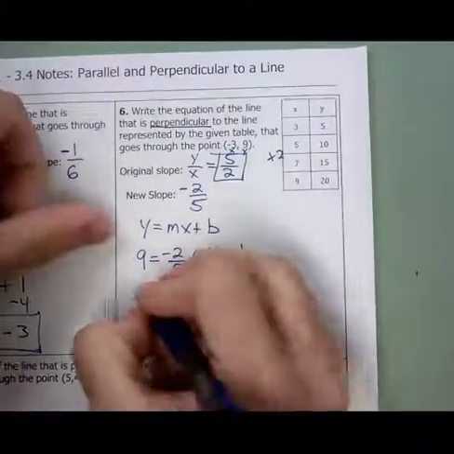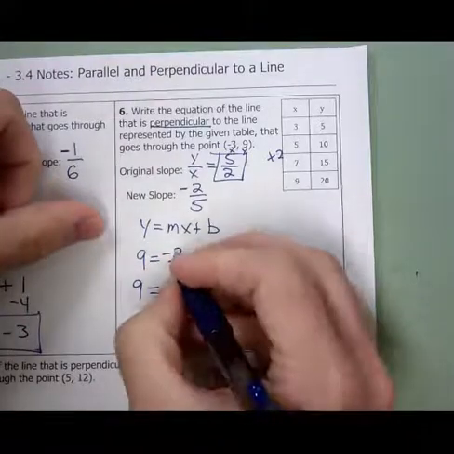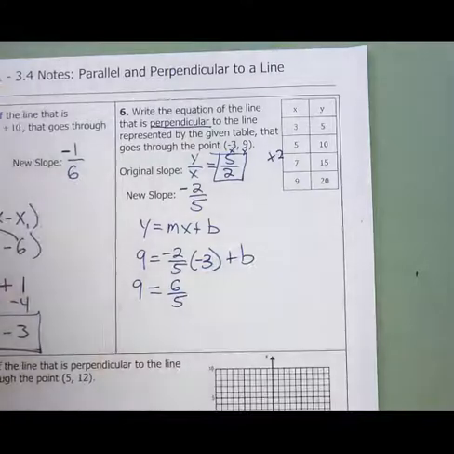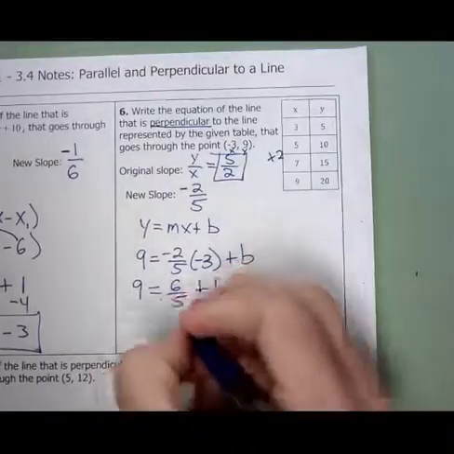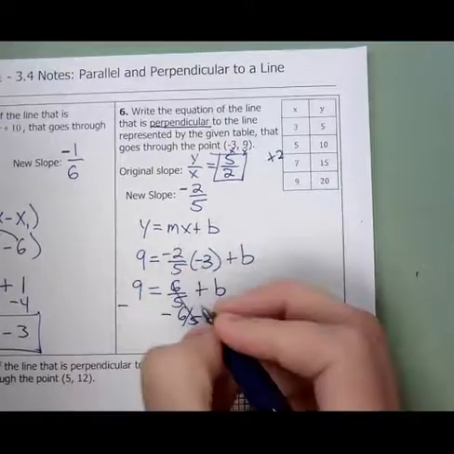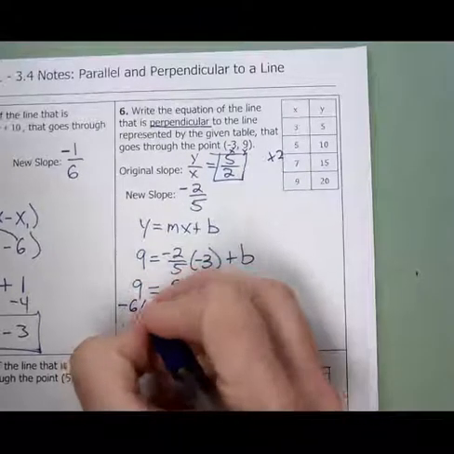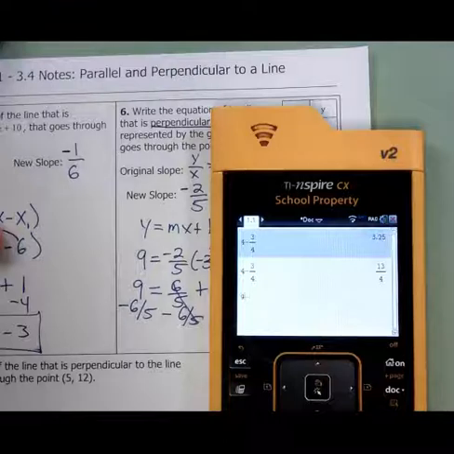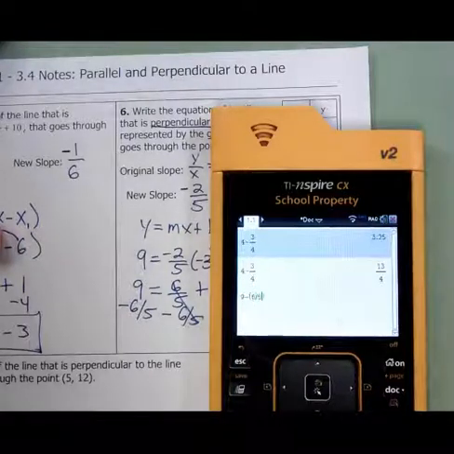Alright, a negative and a negative make a positive. 2 times 3 is 6. Divided by 5 does not reduce. And then we still have our b over here. The last step is to subtract 6/5. 9 minus 6/5.